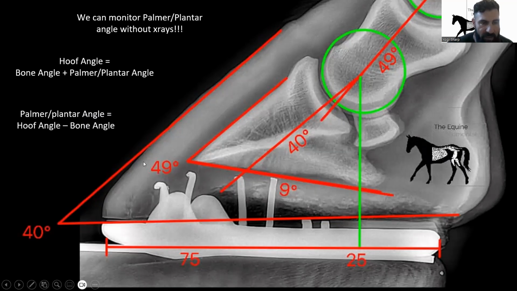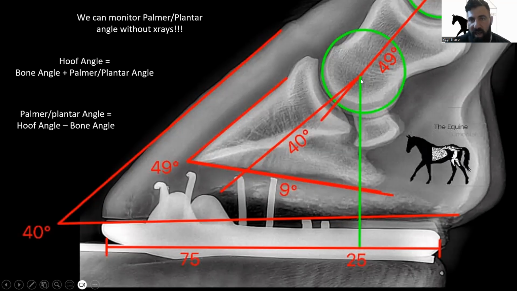Because once we know what our bone angle is, which is 49, from then on, all we have to do is measure our hoof angle to know what our plantar angle is. How cool is that? So we can monitor our plantar angle just from measuring our external dorsal wall angle, right?